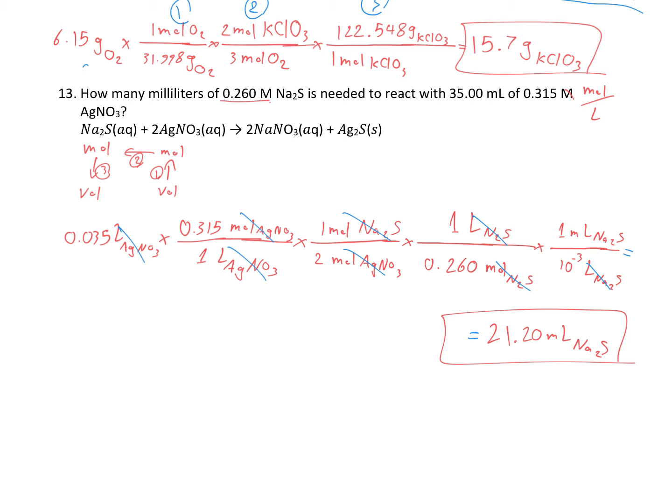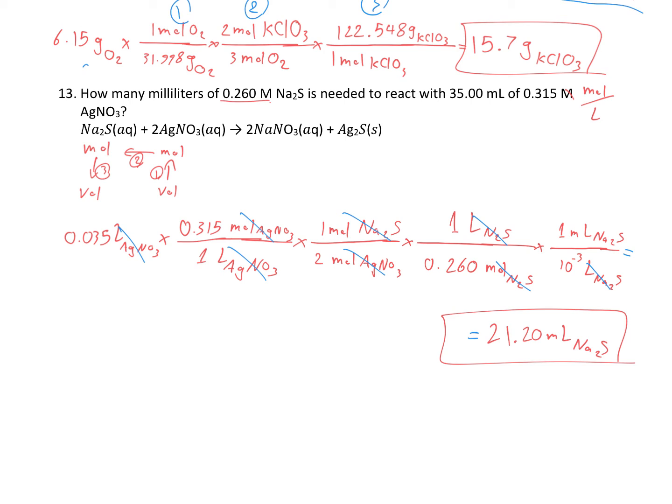You just have to go to the mole. From mole you can go wherever you want. In stoichiometry we had mass and molar mass to get into the mole. In titration we have volume and molarity. That's the same concept. So you use volume and molarity to get to the mole. When you get to the mole, you can go wherever you want.